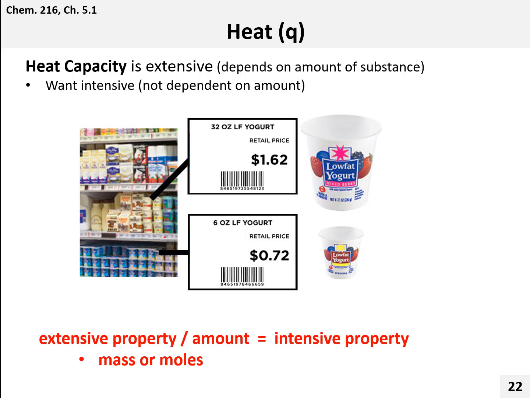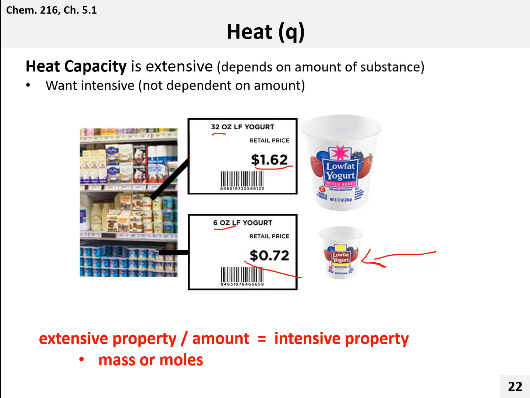Okay? This is kind of like you go to a store and you see something, you know, this yogurt is $1.62. This yogurt is 72 cents. So which is the better deal? Well, you might think, oh yeah, this one's a better deal because it's cheaper. But this one is a lot bigger. It's 32 ounces, whereas this one's 6 ounces.